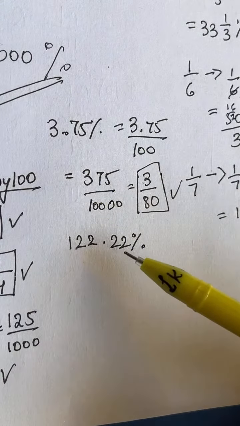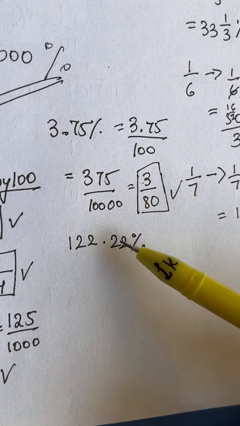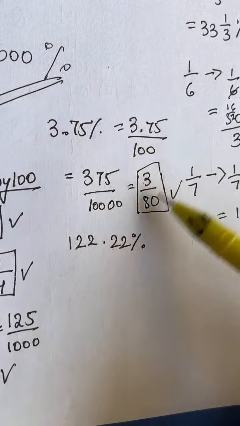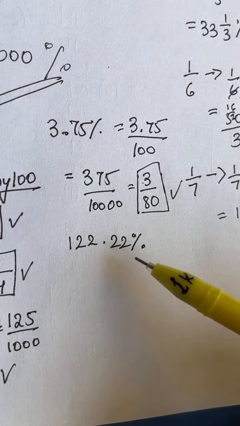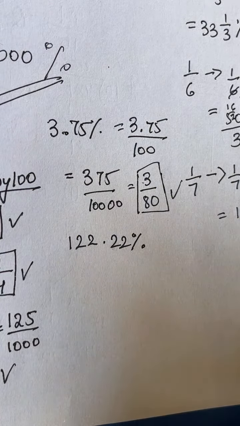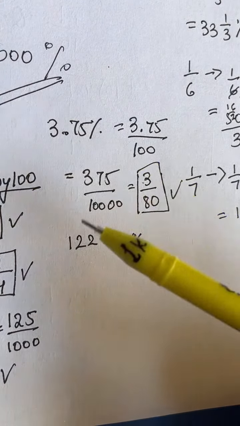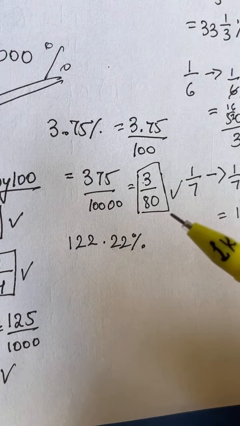Now here what did we get? We got a repeating decimal number, where 22 is getting repeated. So we don't use this method whenever it comes to repeating decimal numbers. When there's repetition of numbers, we use some other method, and I'm going to show you that in my next session.